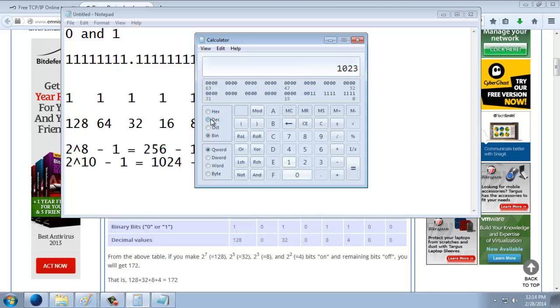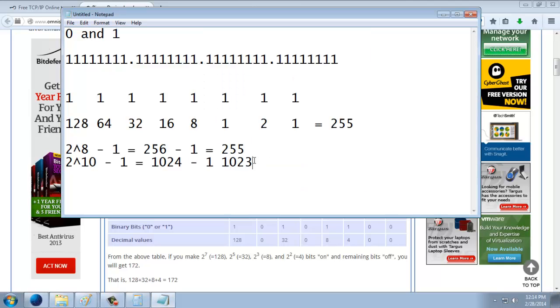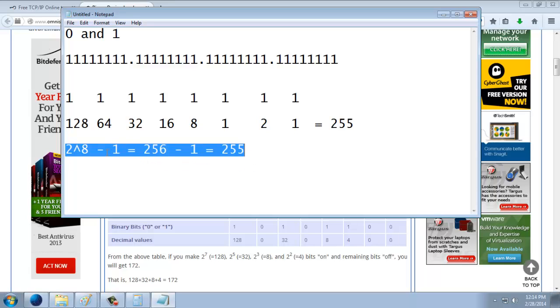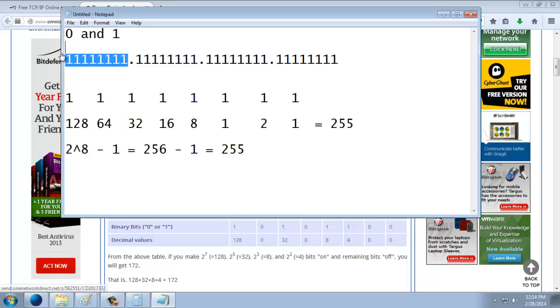If you look at it in decimal, you can see 1023. So that is the maximum possible value which we can create from a 10-bit number. Now we are not much bothered about the 10-bit binary number, because in IP version 4 we are concerned with 8-bit binary numbers, because each octet in an IP version 4 address is a binary number made from 8 bits.